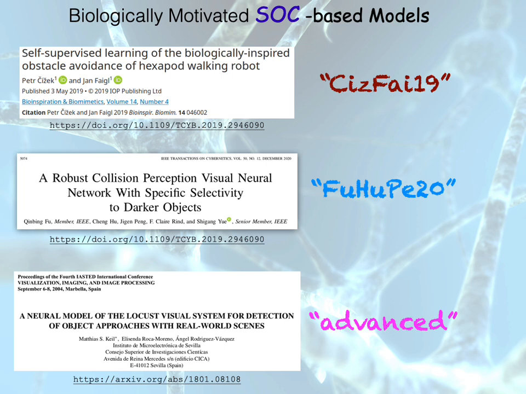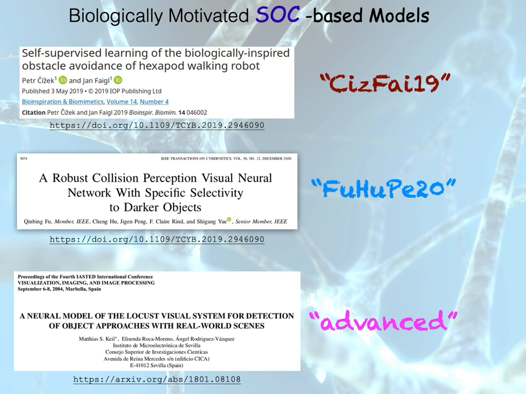The second proposal is labeled FUUP20, again a computational model for the LGMD, but it responds only to darker objects. Therefore, in order to make a fair comparison with the rest of the models, I added a further instance of the same model, which is selective to brighter objects, to the background. Finally, the computational model labeled Advanced was proposed by me and implements the inhibitory circuitry by a self-limiting diffusion layer, and is the first model that uses on and off channels in the context of collision avoidance.